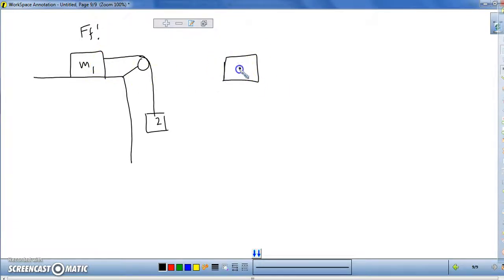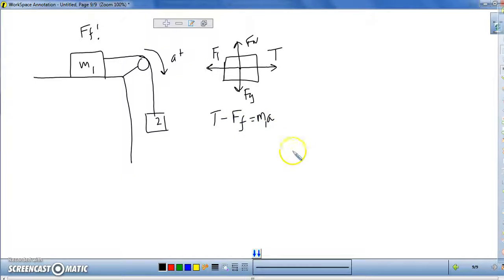We get the same FBD for the first one where we have gravity, but the surface cancels it out, so we don't have any acceleration along this direction. We'll have tension, but then we'll have friction, like that. So let's assume once again that the acceleration is in this general direction for positive. So tension minus friction equals M1A, like that.